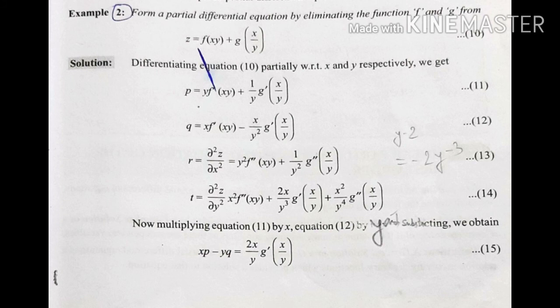Small r is equal to del 2z by del x square, that means 2 times derivative of z with respect to x. So we derive small p again with respect to x. So we write here this is equal to y square f double dash xy plus 1 by y square g double dash x by y, and t is equal to del 2z by del y square.